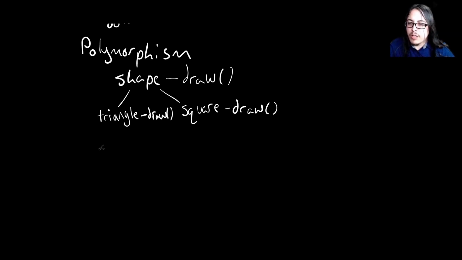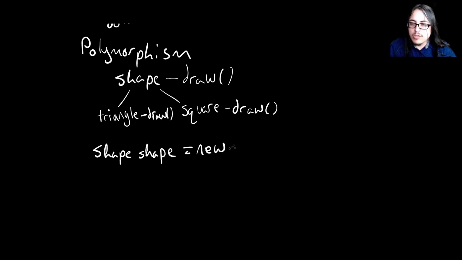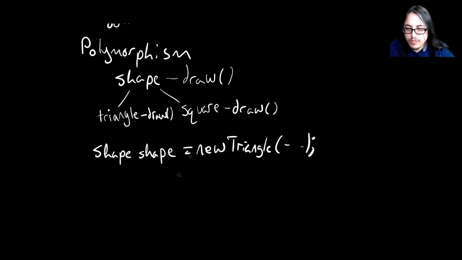The point of polymorphism is you can say there's a shape, which equals new triangle. Triangle will have some arguments. You can now do shape.draw, right?